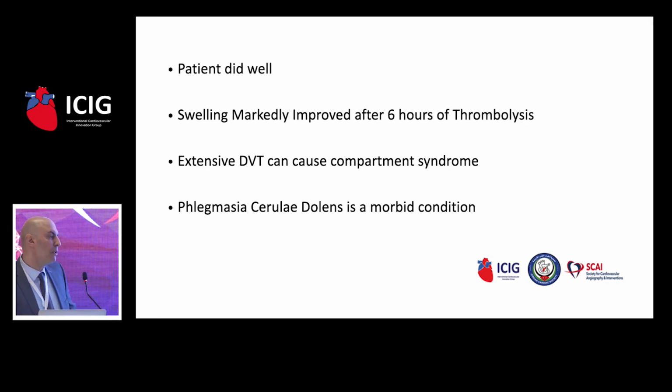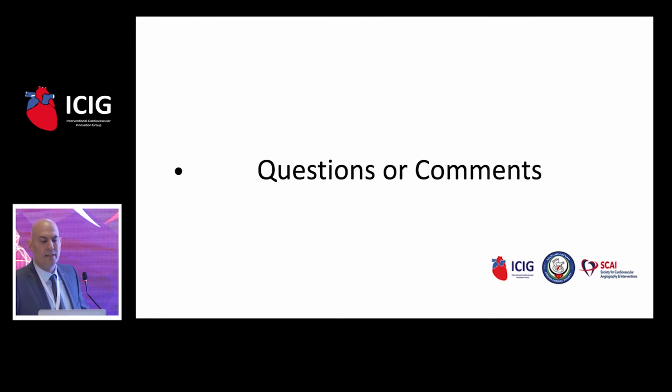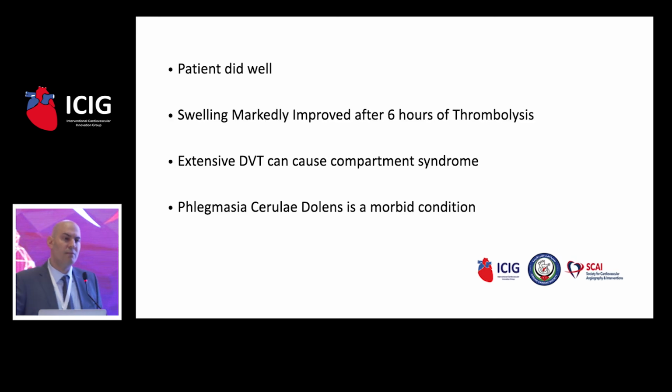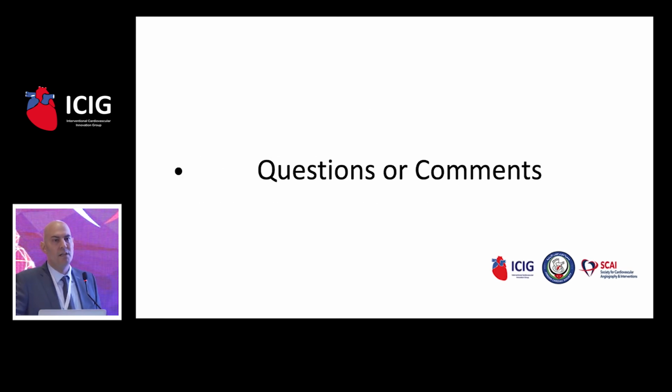In that case, I did balloon angioplasty, but the contrast kept actually stuck in there. I decided then to do a venous stenting for that case, and actually got a much better flow after the venous stenting.